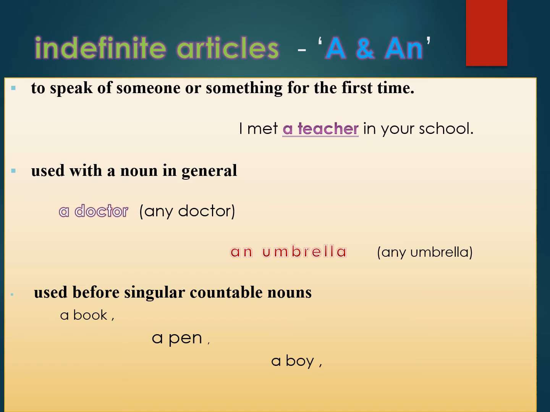So the indefinite article a should be used before it. Next one, an onion. Onion is a singular countable noun. It starts with a vowel sound. So an should be used before it. So I used an before onion.